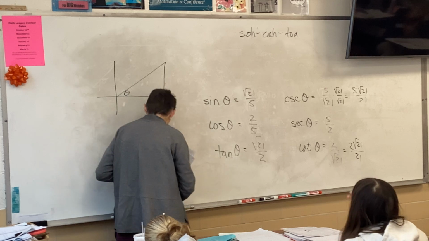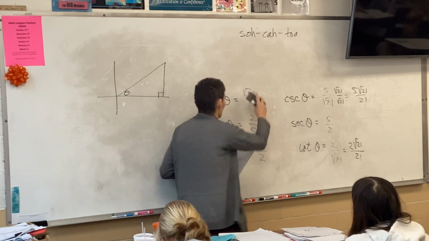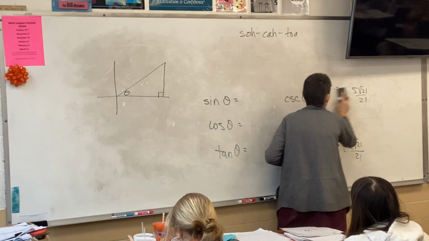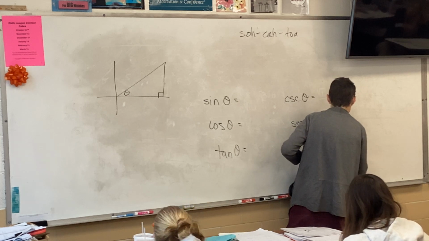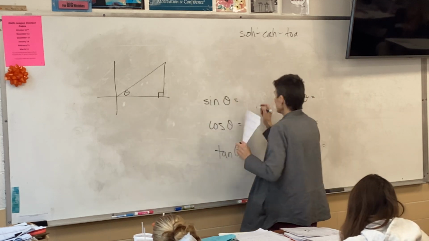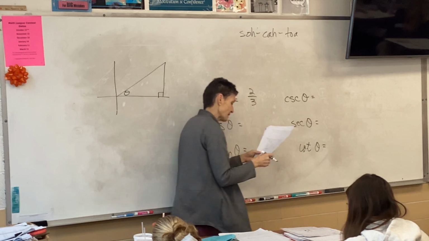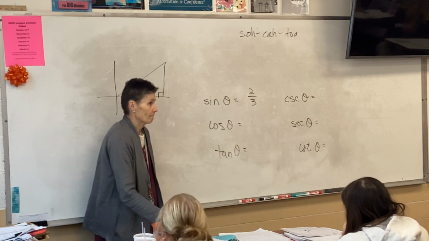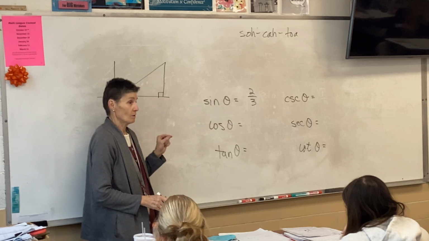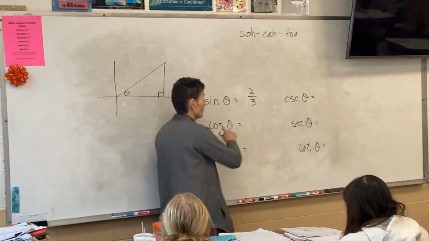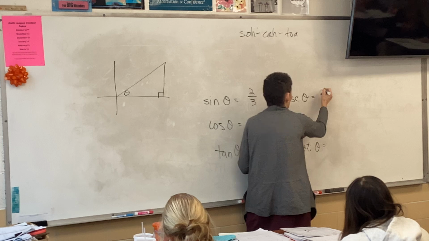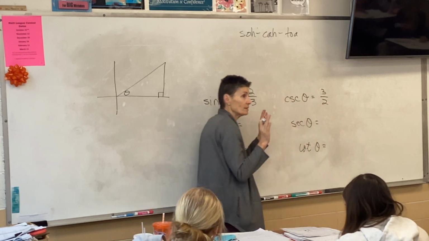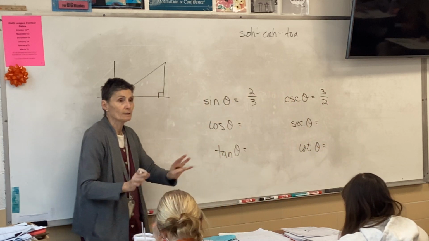And then notice that we're told what the sine is. So there's nothing in my picture, but I'm told that the sine is 2/3. Well, first of all, the easiest points ever, what's the cosecant? 3 over 2. And we don't even need to do any work at all to know that.